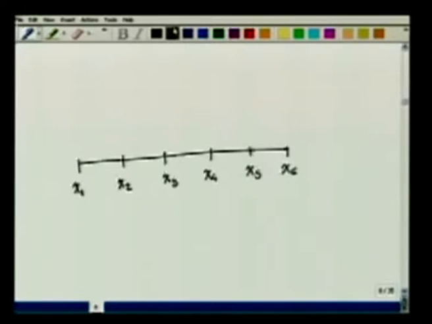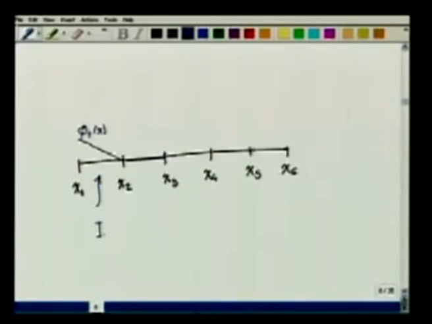This will be my function phi1 of x, such that it takes a value 1 at the point x1, and at all other points x2, x3, x4, x5, x6 it is equal to 0. So if you see this function, it is linear in the region x1 to x2 and it is 0 everywhere else. One more thing I would like to introduce is that these elements should be given a name.